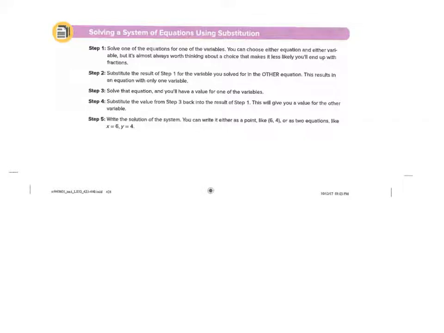It says, try this problem to see if you understand the concept we just studied. I'm going to go ahead and write down the system. So step 1 says, solve one of the equations for one of the variables. You can choose either equation and either variable, but it's almost always worth thinking about a choice that makes it less likely you'll end up with fractions.